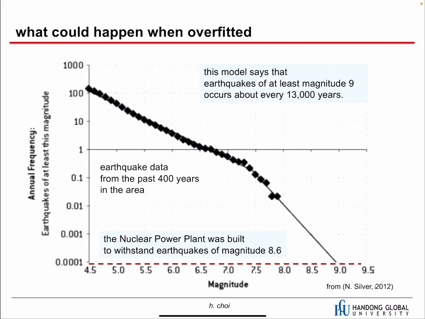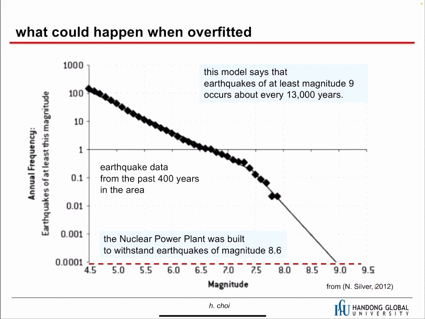And here's the story behind the earthquake that occurred in Japan in 2011. There was a huge earthquake. When they built a nuclear power plant, they got all the earthquake data samples from Japanese history and analyzed them.